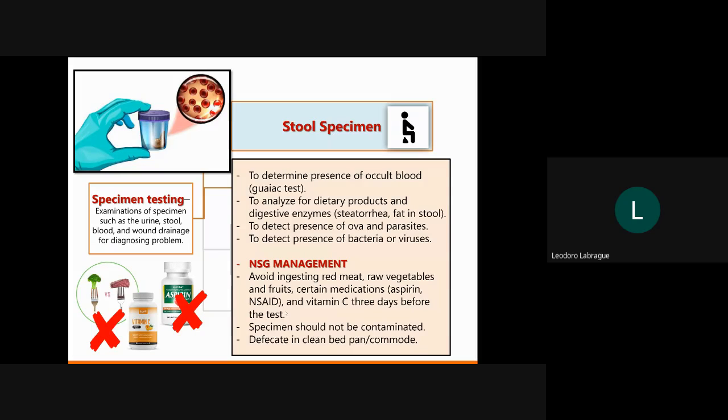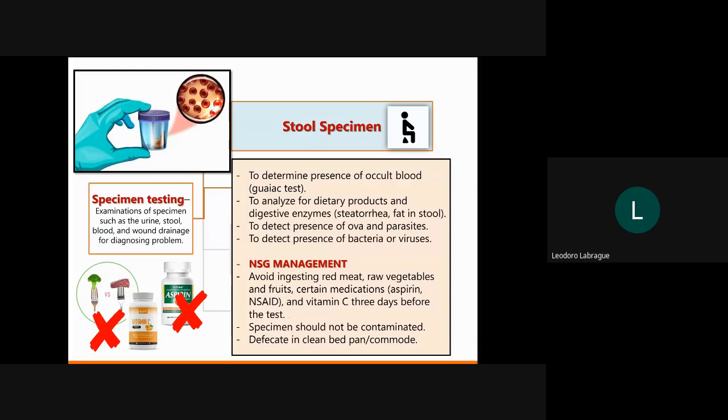The next one is specimen should not be contaminated. That's why your instruction to your patient is, after the patient defecates in the toilet, as a nurse, you need to get a tongue depressor and scoop a small amount of stool and put it in the specimen bottle and make sure it's not contaminated, or else, again, it will give you a false positive result.